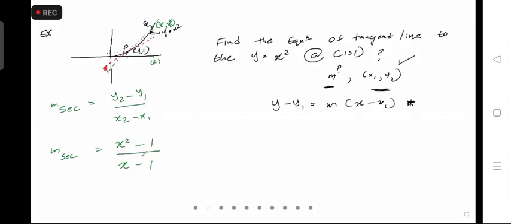Then, when you come to this point, the gradient is like this. You can say something more, right? Right here in the numerator, you can see it has some factors. You can simplify it a little bit. x squared minus 1 you can write as (x minus 1)(x plus 1).